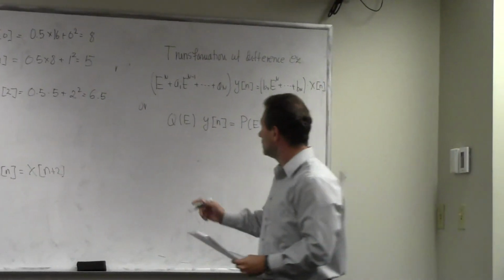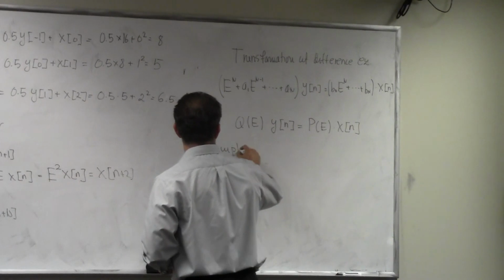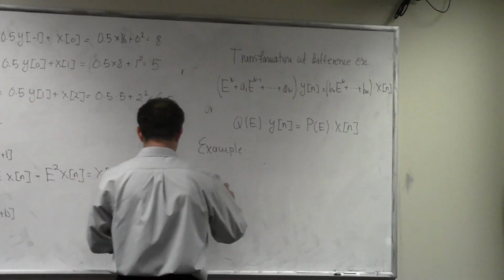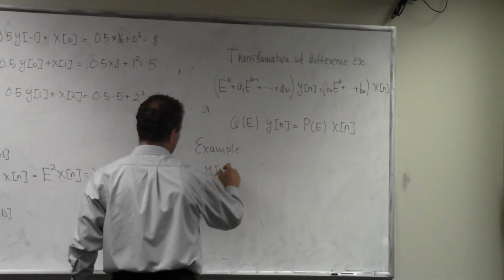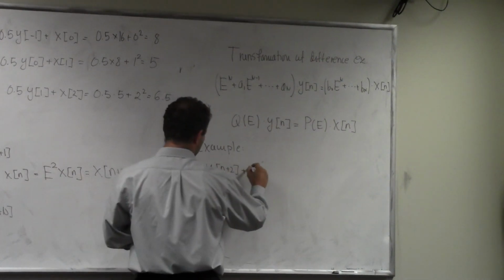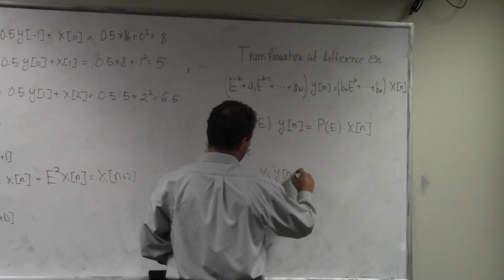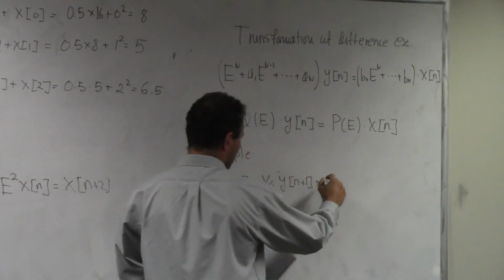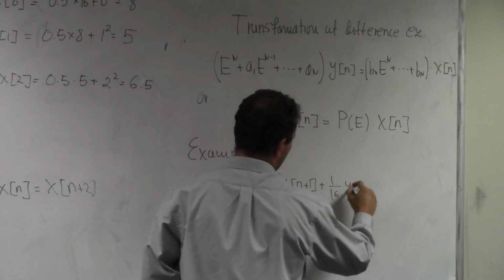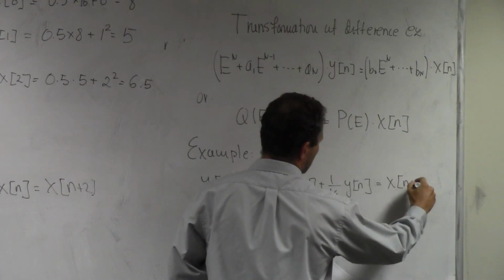So let me do an example so that you see how this translates. Let's say I have a system that is described with the following difference equation: y[n+2] plus 1/4 y[n+1] plus 1/16 y[n] is equal to x[n+2].